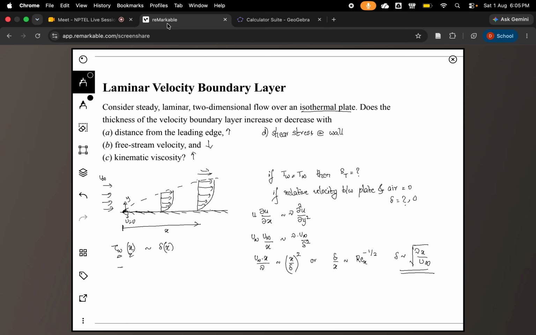So we can use the Newton's law. So tau W will be mu times del u del y. So which means tau W will actually scale as u infinity by delta. So tau W is inversely proportional to delta. So as the free stream velocity increases, what would happen?